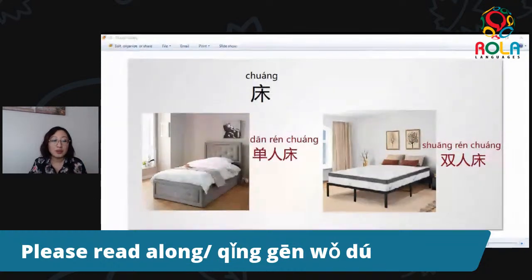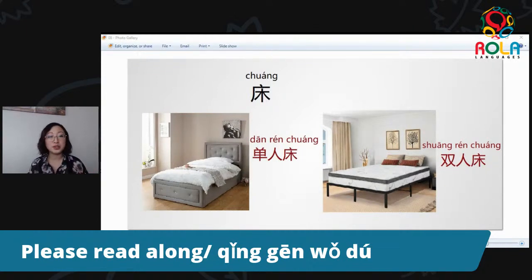So first one, I know there are different sorts of beds due to different sizes. We have our singles, we have our twin size, we have our full size, queen size, king size, California king. But in Mandarin, it's actually a little bit easier. The only way to differentiate is to see how many people are going to fit in it.